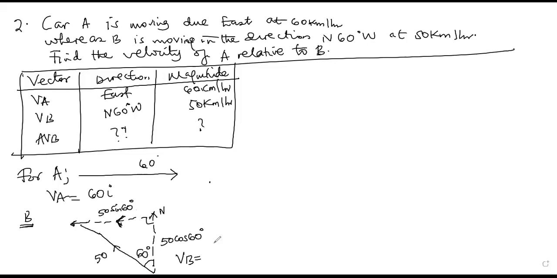So we shall say negative 50 because it's in the negative. Negative 50 sine 60 degrees i, plus, this is in the positive side, plus 50 cos 60 j.